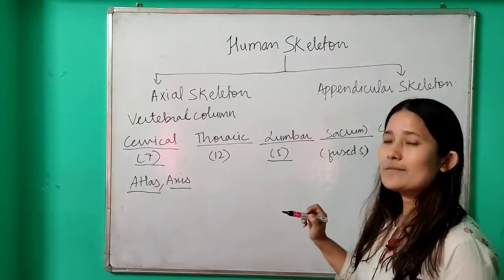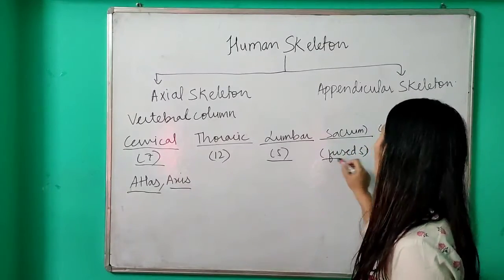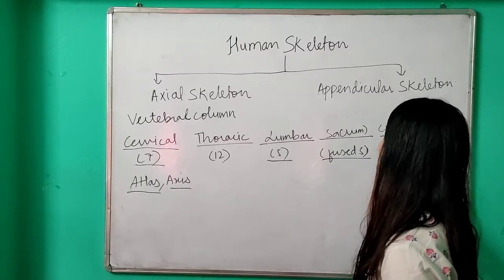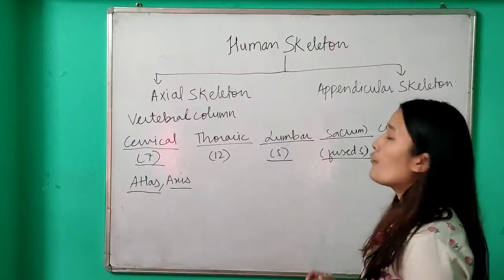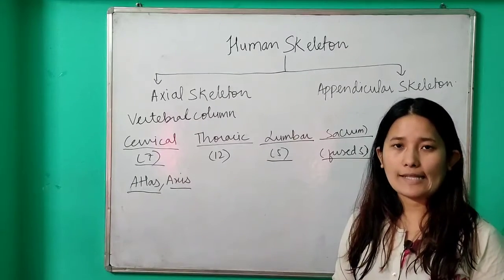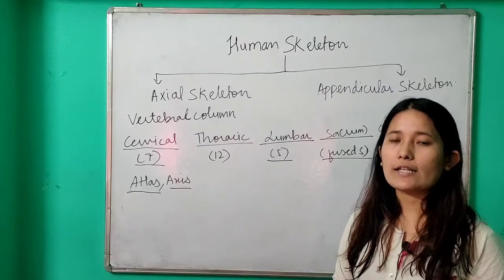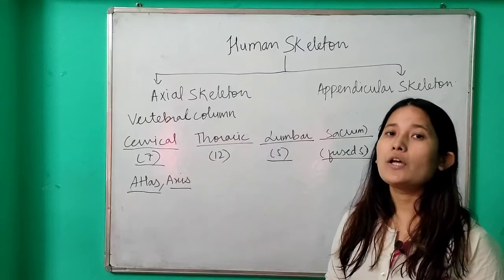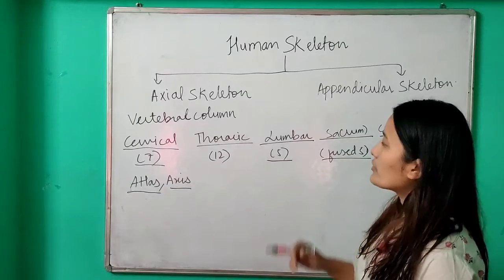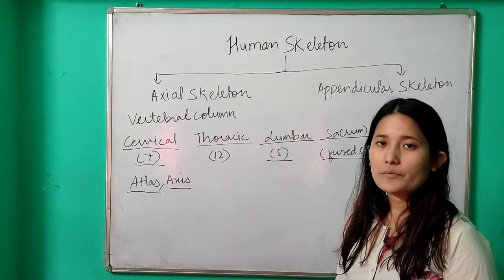Sacrum is made by fusion of 5 bones. Then you have coccyx. It is made by the fusion of 4 bones. Coccyx is also termed as the rudimentary tail. The human tail is the last part of the backbone. So that's all about the different regions of the vertebral column.